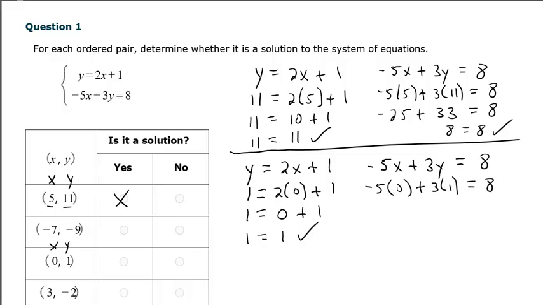So negative 5 times 0 is 0. 3 times 1 is 3. And 0 plus 3 is 3. And 3 does not equal 8. So 0, 1 is not a solution to the equation. Therefore, 0, 1 is not a solution to the system.